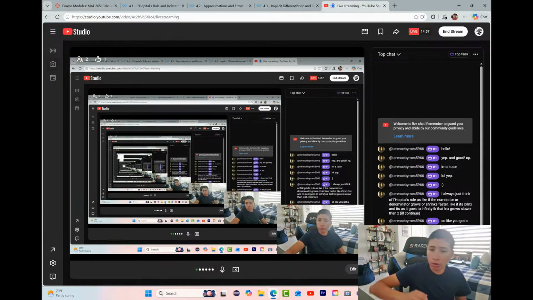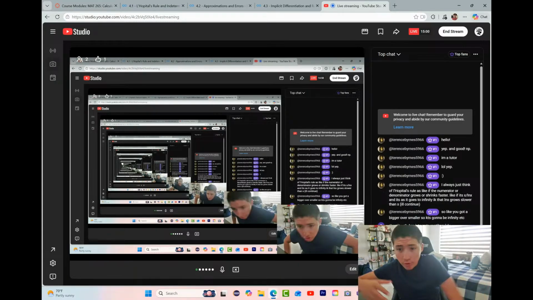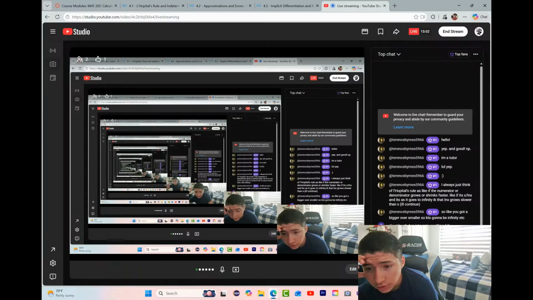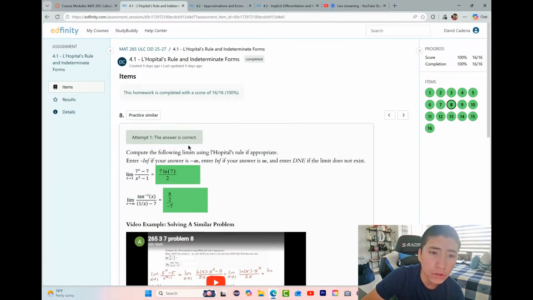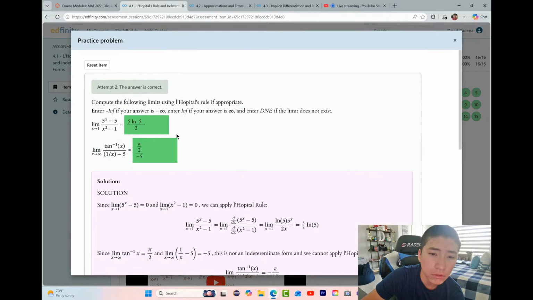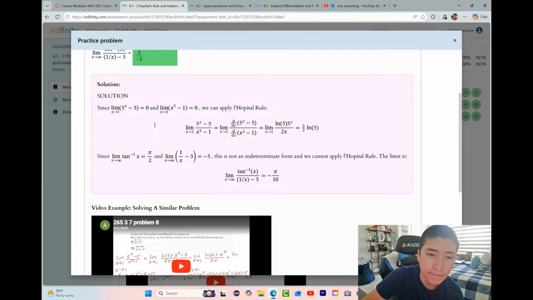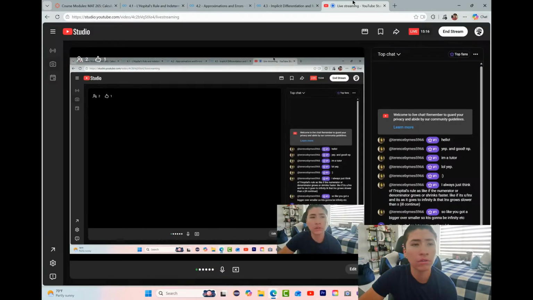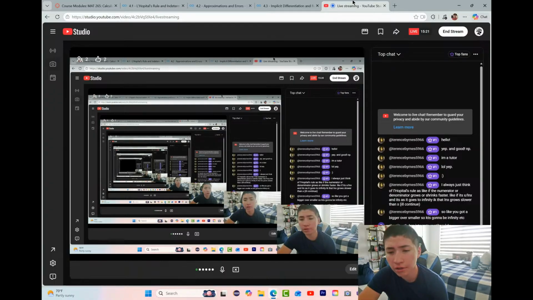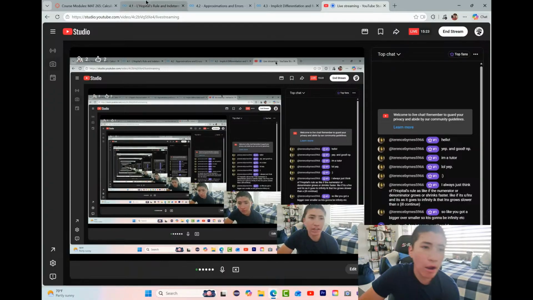Root is square root. Oh, wait. So integrate the square root of tangent of x. I don't think I quite understand. Like a power of 1/2.